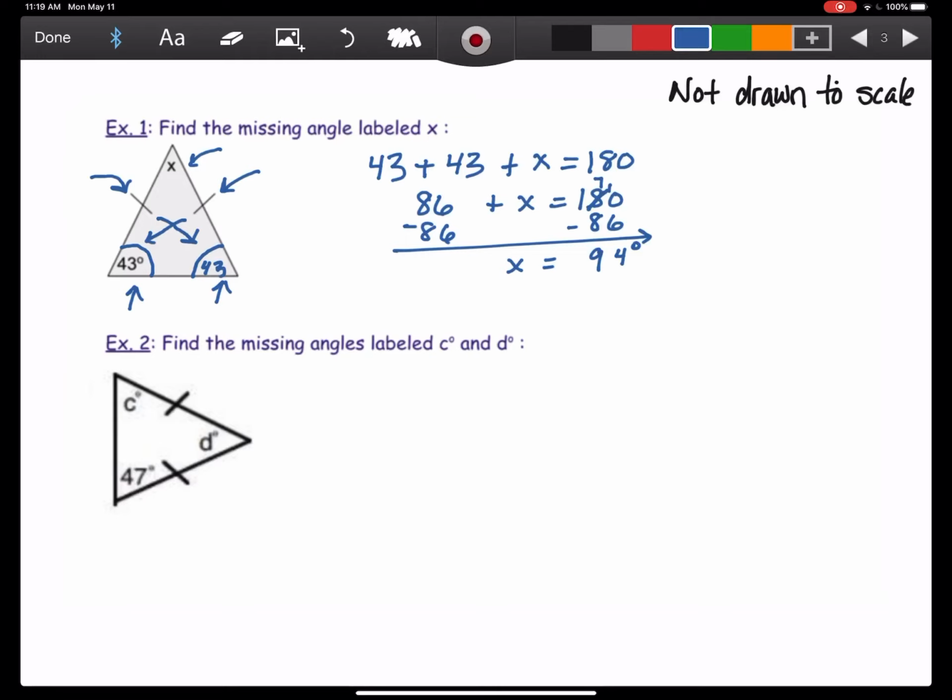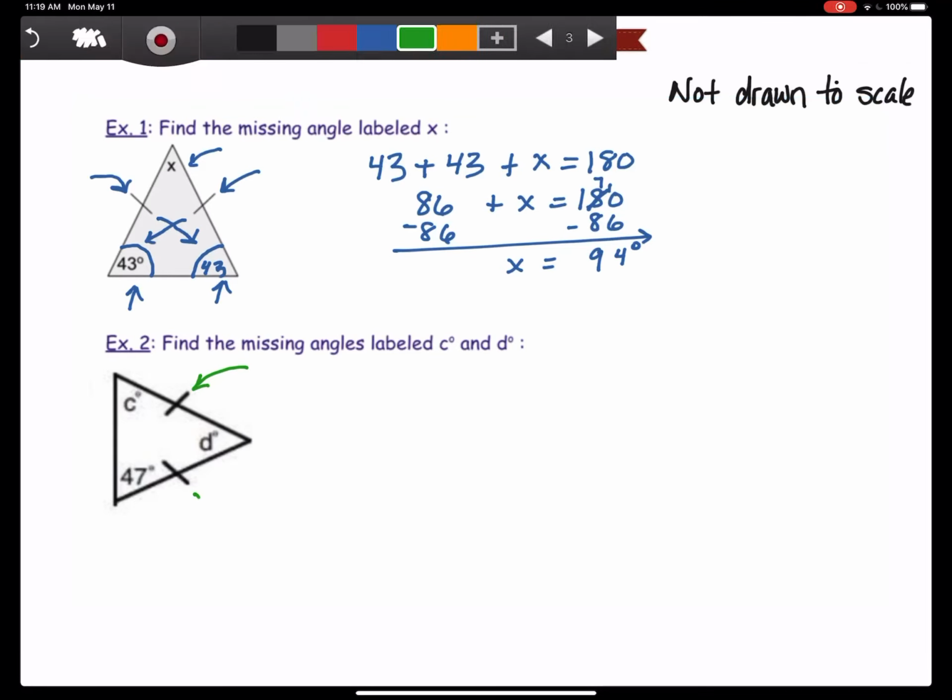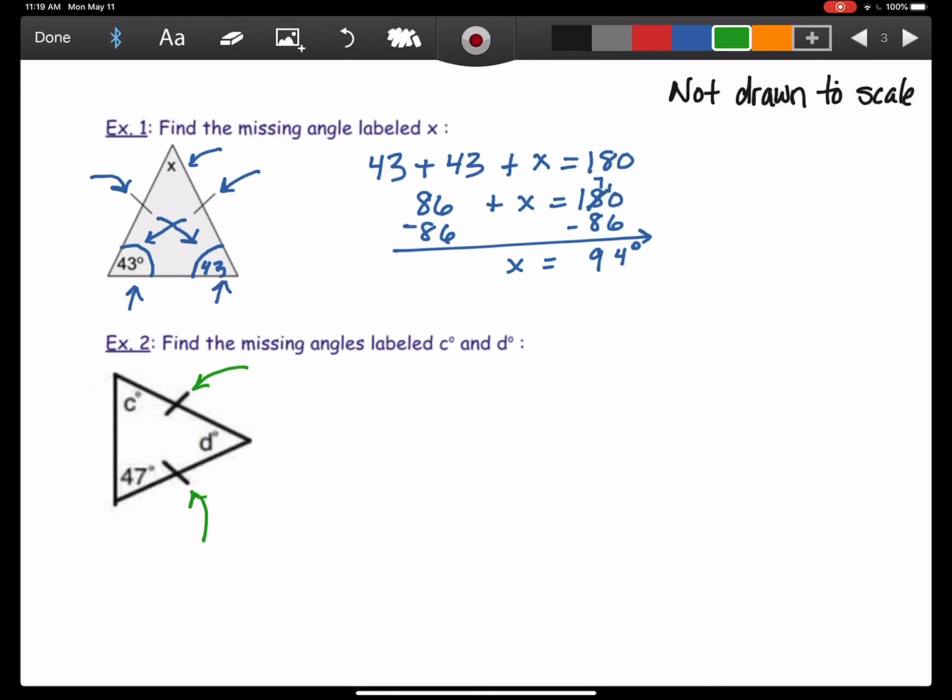All right, example 2. It says find the missing angles labeled C degrees and D degrees. All right, let's use a different color. First, again, we notice these tick marks. What do they tell us? Hopefully you said they tell us that the sides are equal. These two sides are equal. Once we know the sides are equal, we know that the angles diagonal from them are equal.